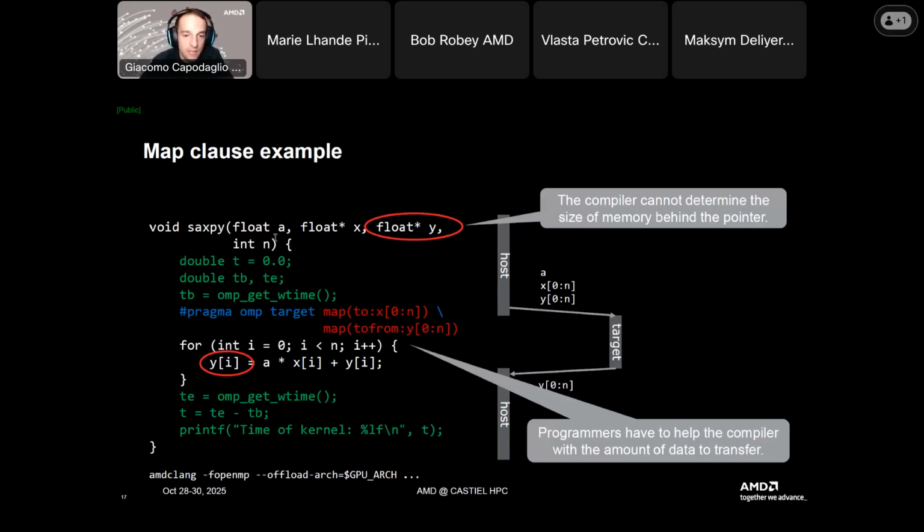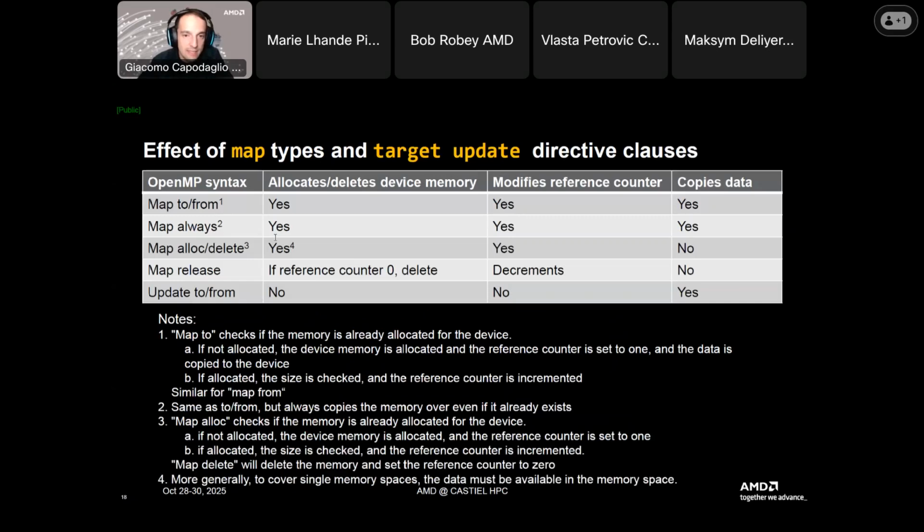So you've seen the maps yesterday, and what you haven't seen yesterday is the map types. And I think we haven't looked at target update in a lot of detail either. You've seen the map types, but not all of them. So you've seen the to and from.